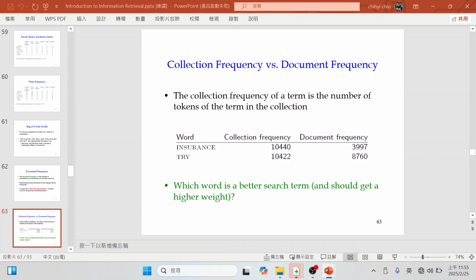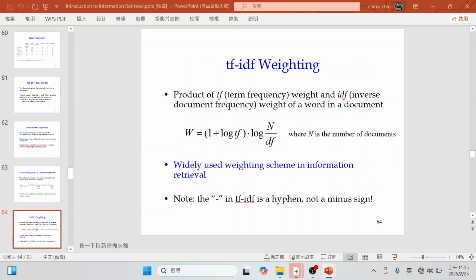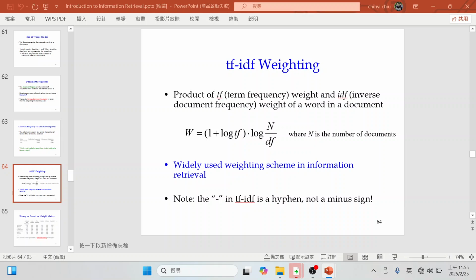Okay, so any problems? Now we introduce the term called TF-IDF. We have shown it in the previous slides. In a traditional IR system, we can use the TF-IDF to compute the relevance score between a document and a query.